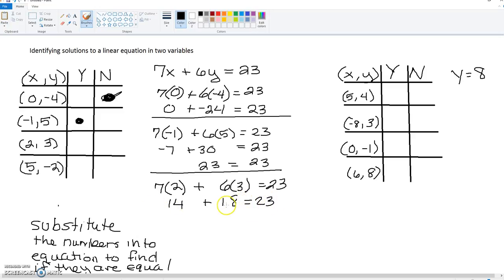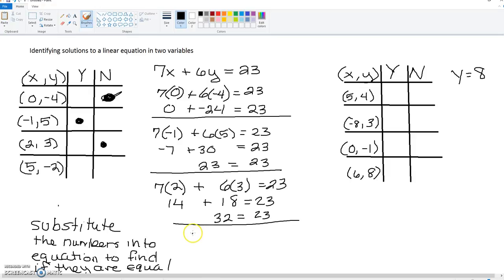And 14 plus 18 is 32. And clearly 32 does not equal 23. For those that are dyslexic, please note that they are different numbers. I'm dyslexic, so I kind of look at things backwards.